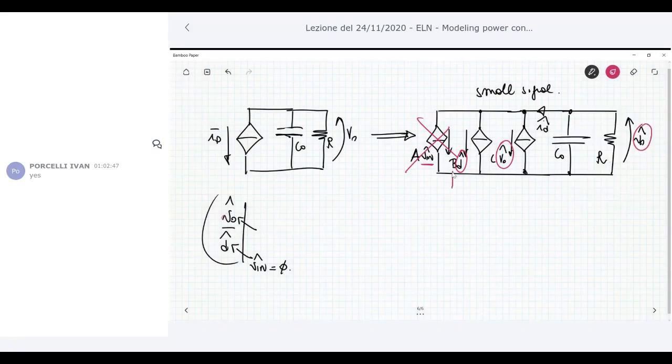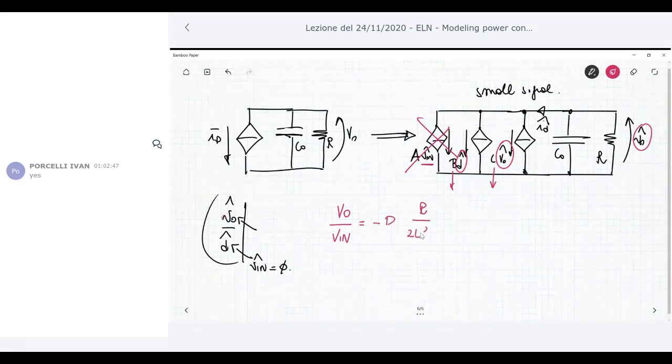So focus on the B and C coefficients. You should remember that in the buck boost, V naught over V in, which is the conversion ratio in DCM, is minus D square root of R over 2 L Fs. This is the conversion ratio that we defined as M DCM in the previous lecture.